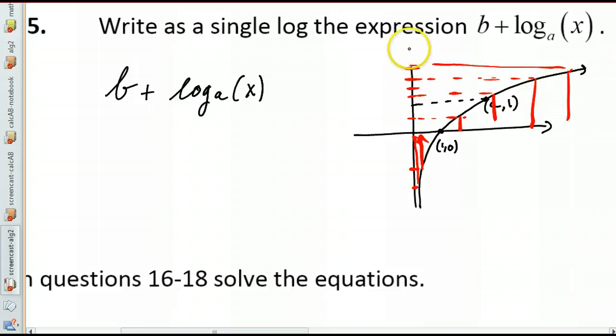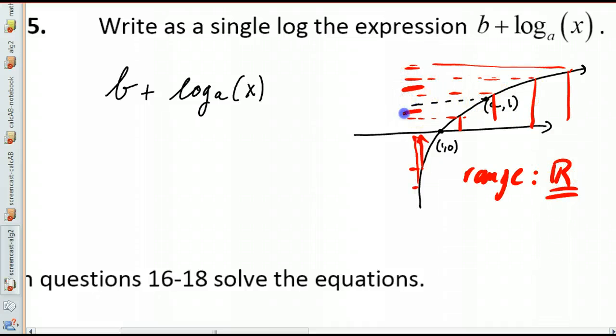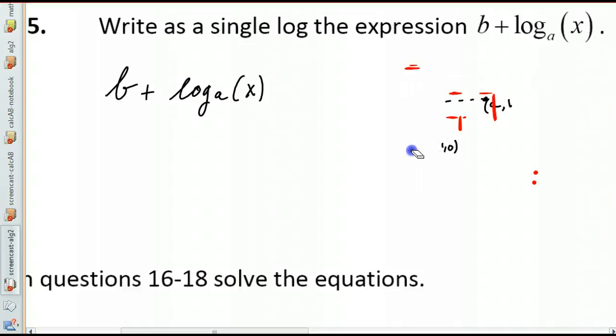Even if you go very high, you're going to have to go very far. But anyway, the range is all real numbers. And if it's all real numbers, that means any real number can be written as a log base a of something. Alright? So this is what we do right here.